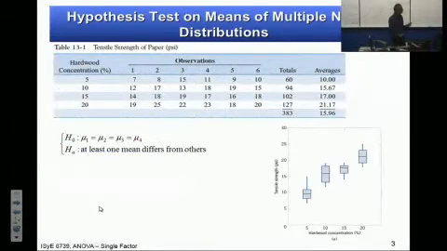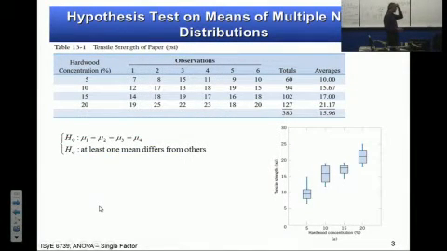Okay. So let's just start with the type of data that we collect for performing this hypothesis test. We have different hardwood concentrations, 5, 10, 15, and 20%. And we make paper bags. For each of them, we make 6 paper bags, and we measure the tensile strength. Okay?